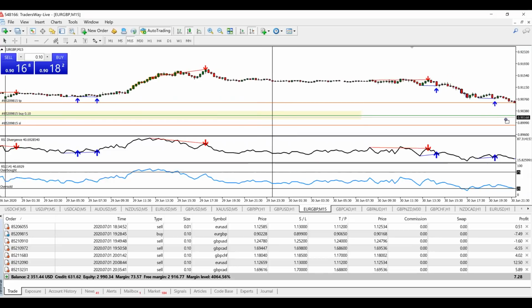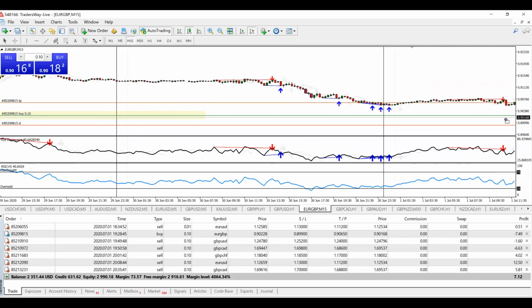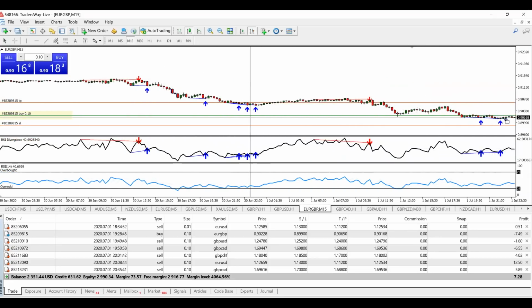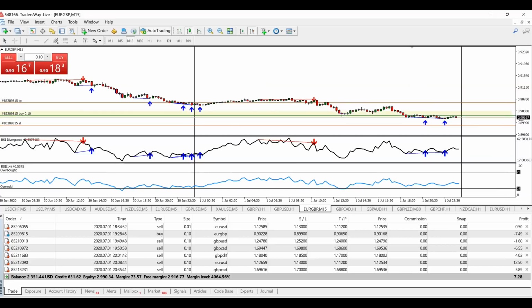And boom. As you guys can see, here's our zone right here.